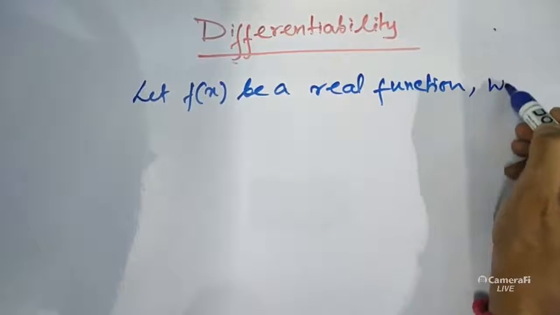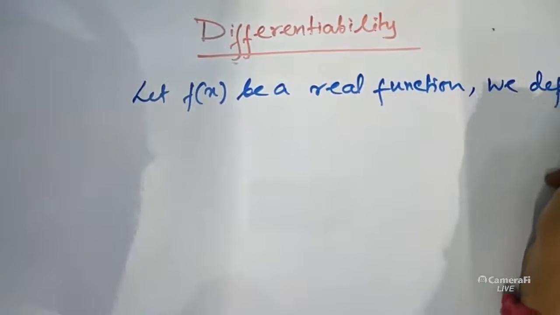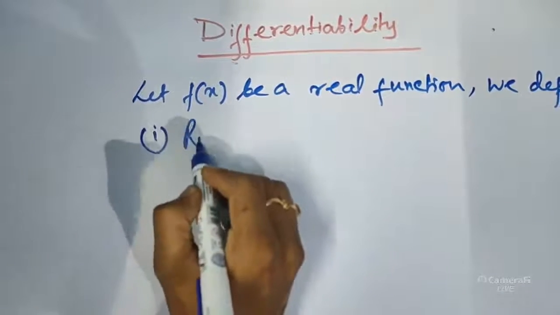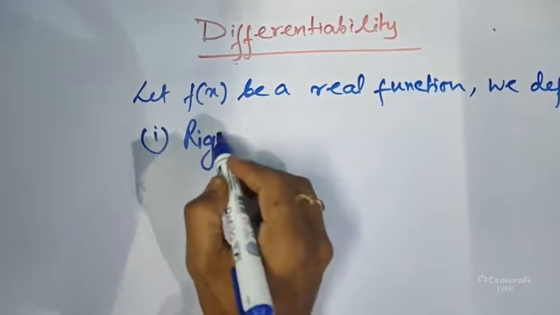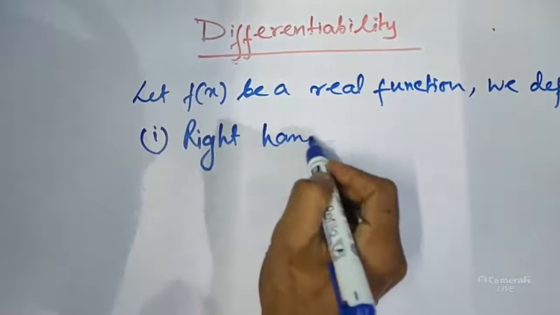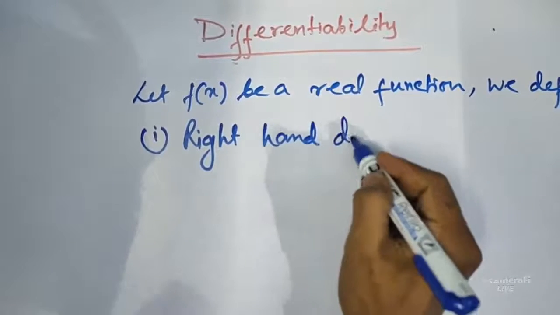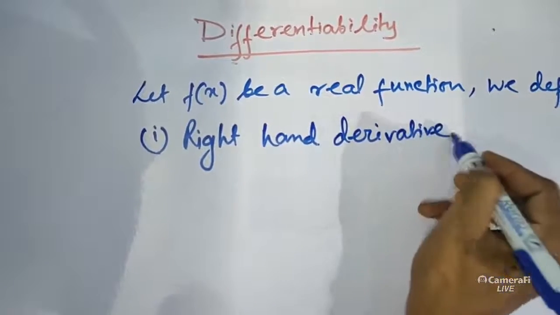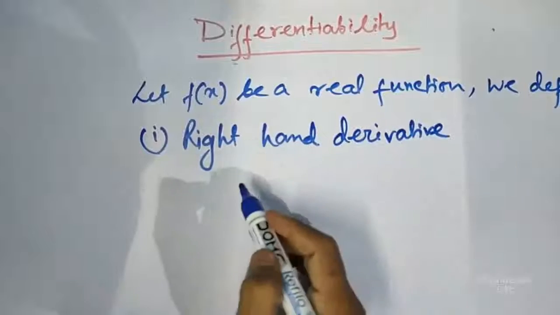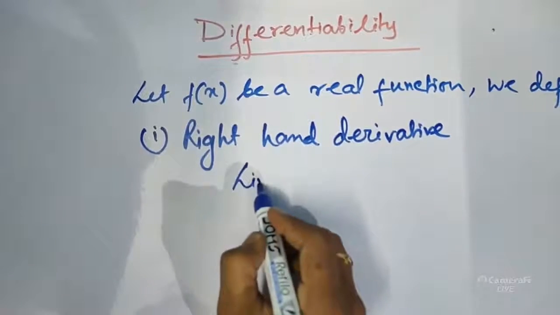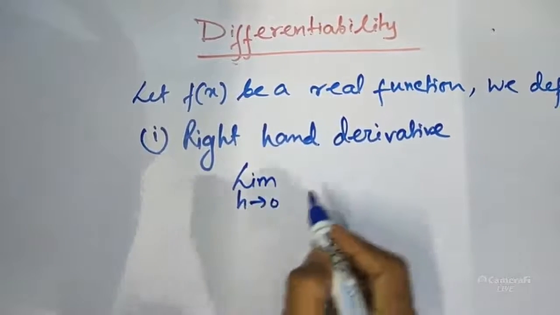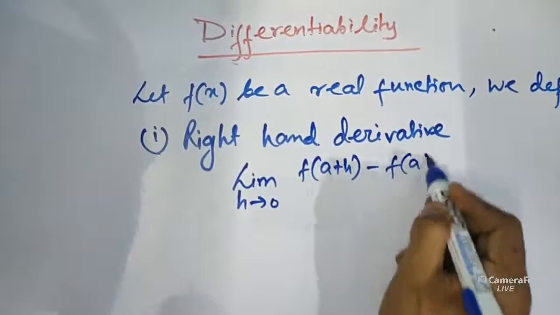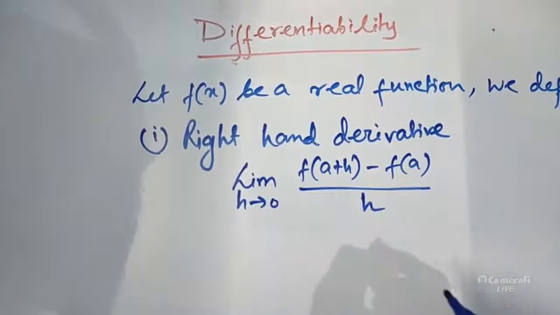Then we define, number one, the right hand derivative. This right hand derivative we define as limit h tends to 0, f of a plus h minus f(a), divided by h.